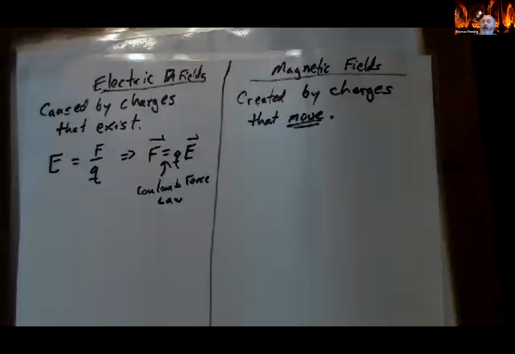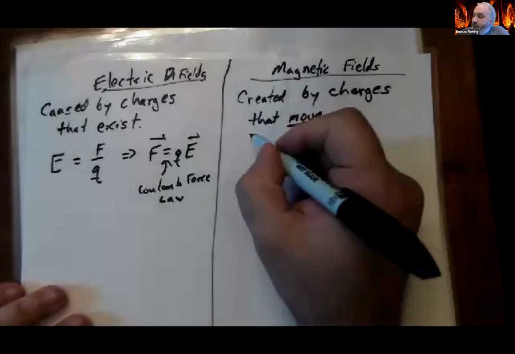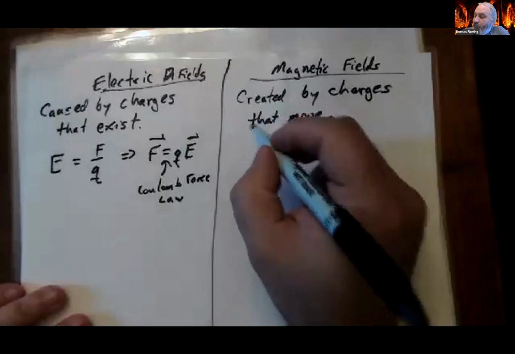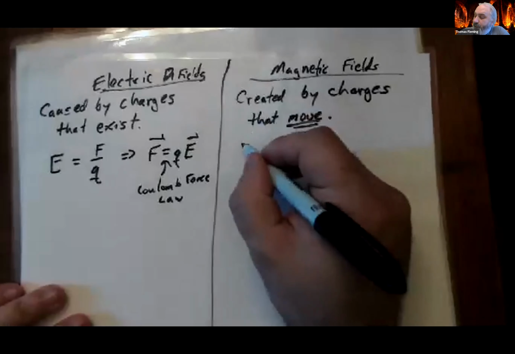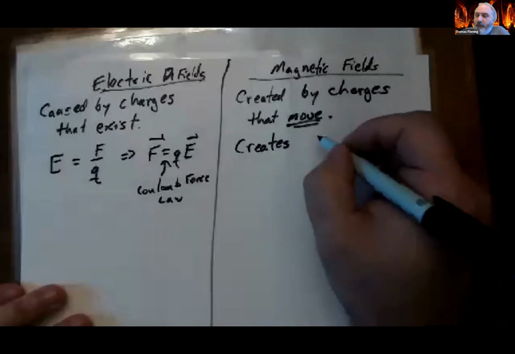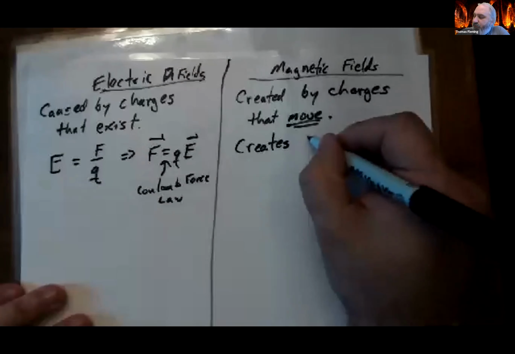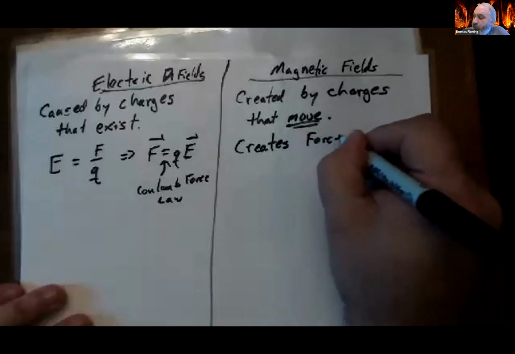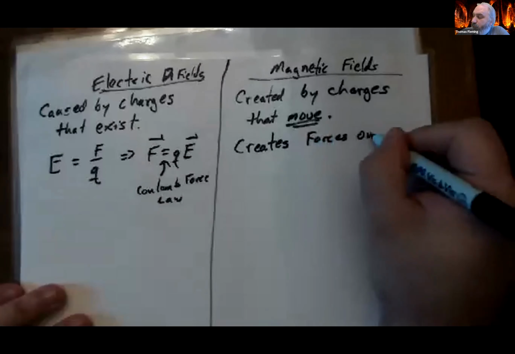There's going to be a force law for magnetic fields as well. However, the Coulomb force law is going to have an equivalent, and that equivalent is called the Lorentz force law. And because the Lorentz force law looks the way it does, it's going to create forces only on moving charges.